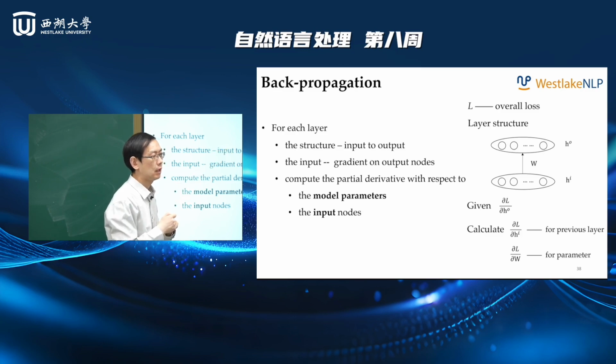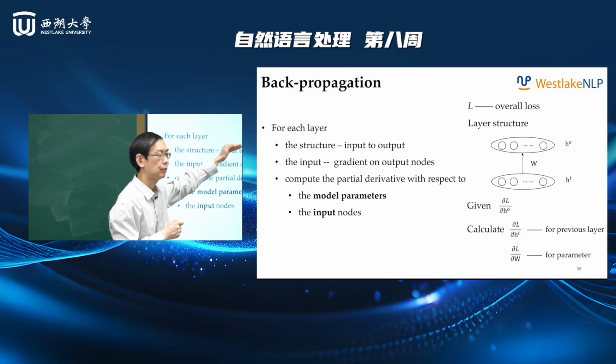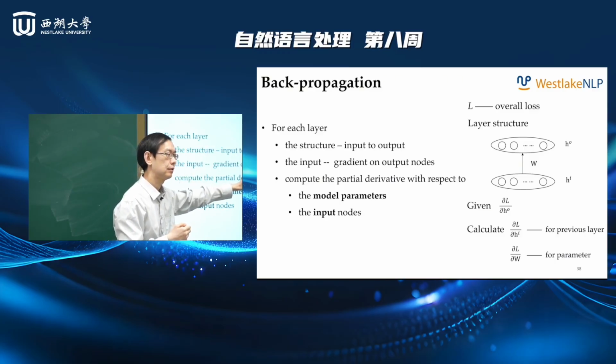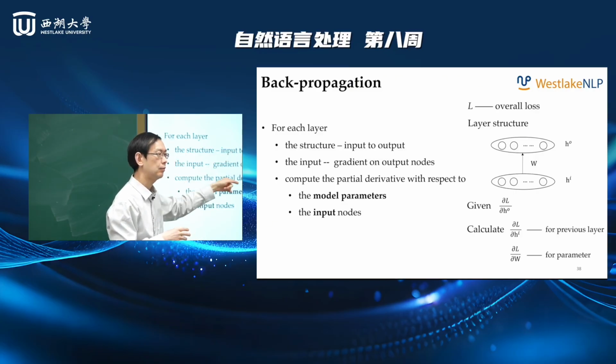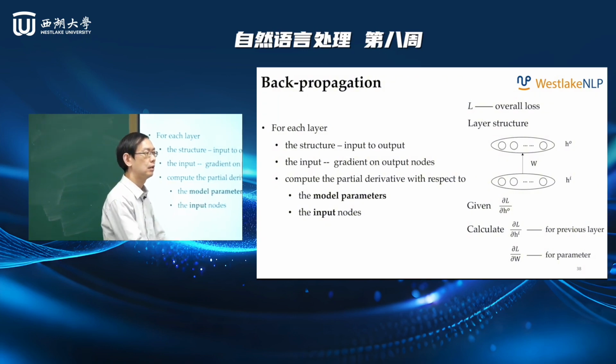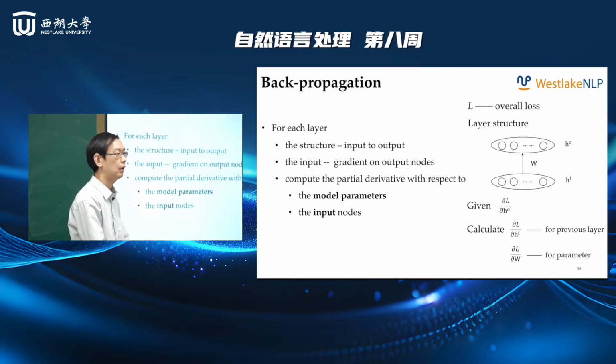The first thing is I want to calculate the gradient over my parameters, using this gradient over my output layer nodes. And I can do that. The second thing is I want to calculate the gradient over my input nodes from the gradient of my output nodes. Why do I want to calculate the gradient over my input nodes? My input nodes are not my parameters. Because you need the layers below you to be able to calculate their model parameter gradients.